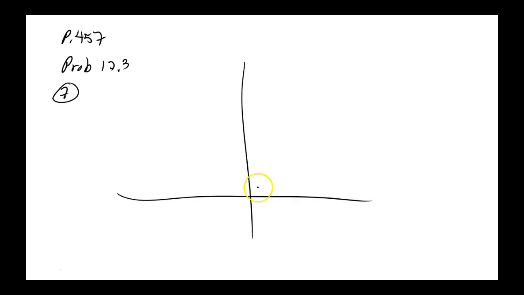I'll just be very generous here. Here is A at the origin. I'm going to call it Q for A, that stands for charge. Q sub A is 3.00 microcoulombs. Charge B is located at 0.4 meters.